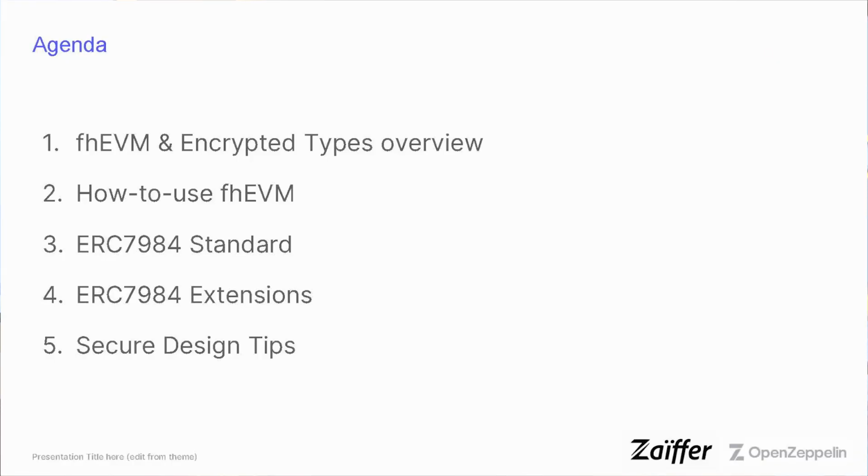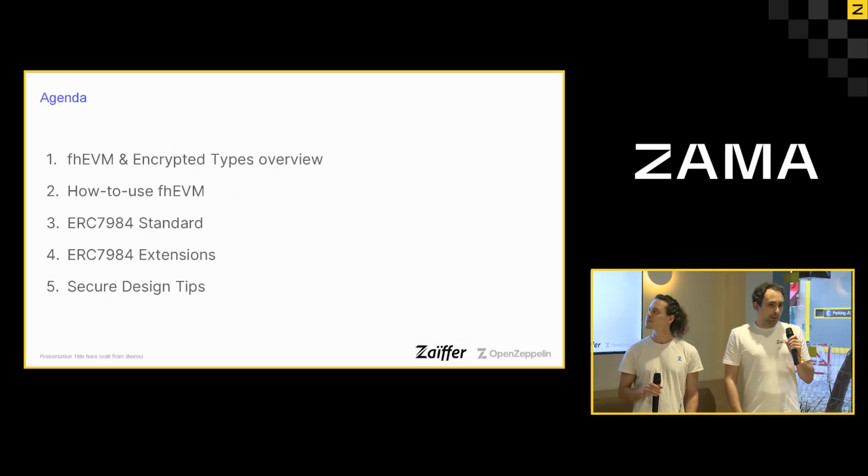Since we're going to be discussing confidential tokens, I'll be detailing from a developer's perspective the primitives that you'll be manipulating as a smart contract developer on the Zama ecosystem.